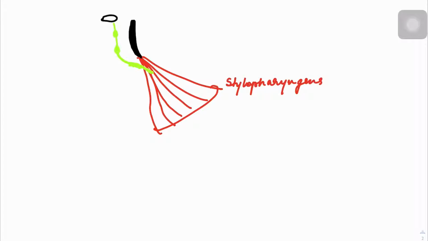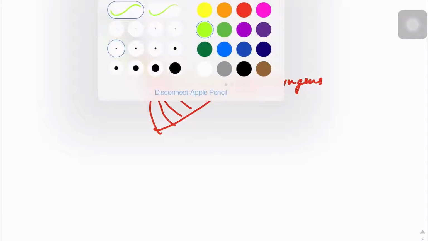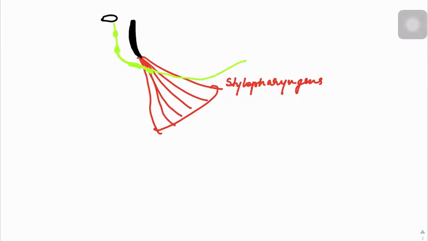After it has supplied the muscle, it further goes ahead and it will be hidden behind another muscle which is next to the tongue, that is hyoglossus.